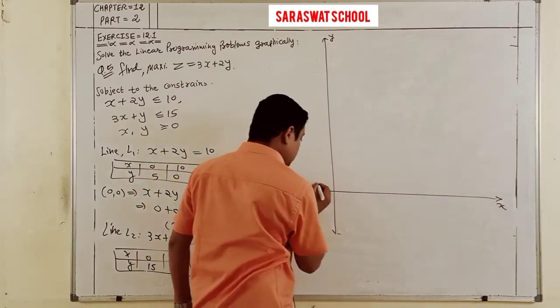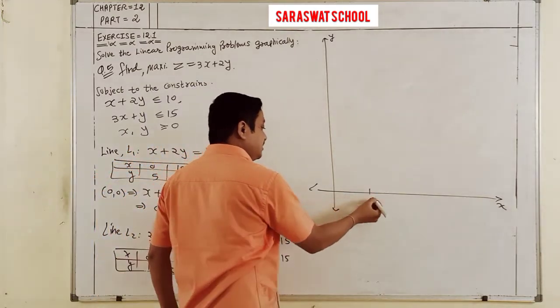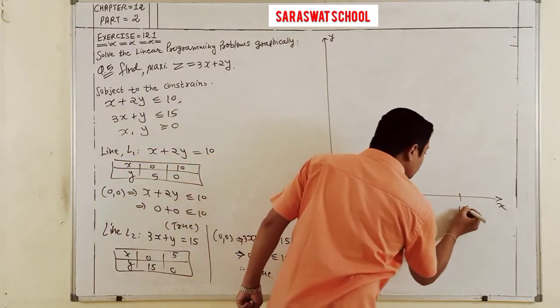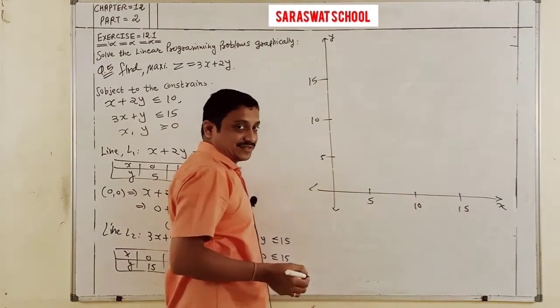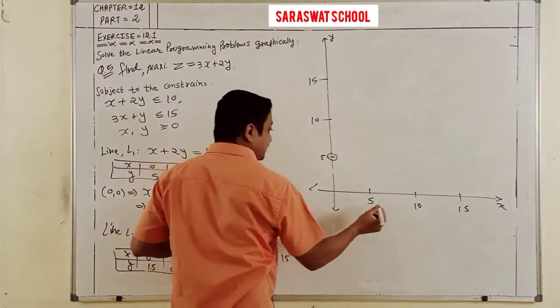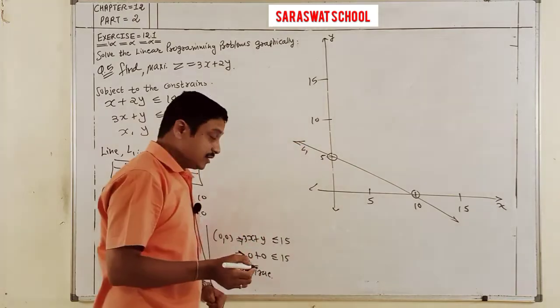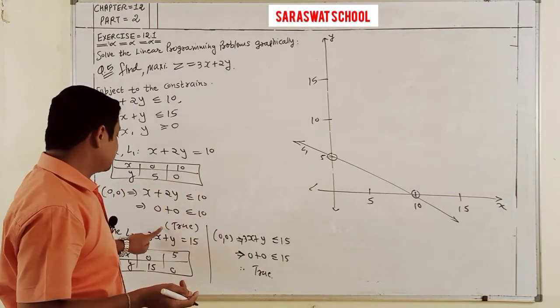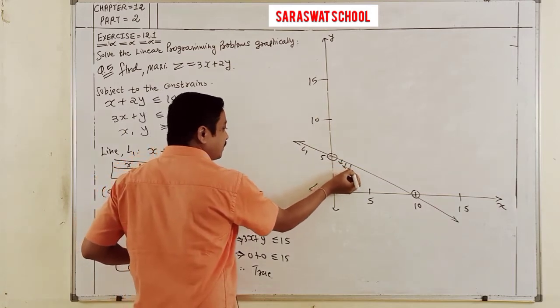Now I will start my graph: y-axis, x-axis, and values 10 and 5. Very easy: 5, 10, 15, here also 5, 10, 15. First (0, 5), second (10, 0), line L1, and which side is shaded? Yes, the true side, the origin side. This side is my shading.